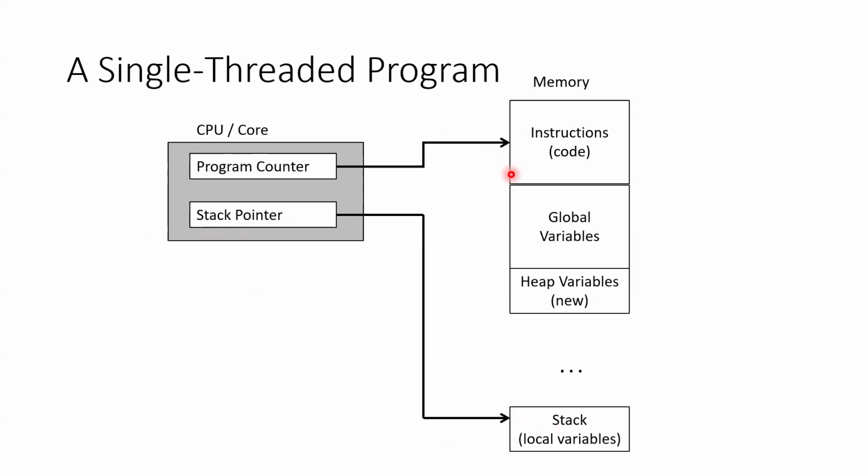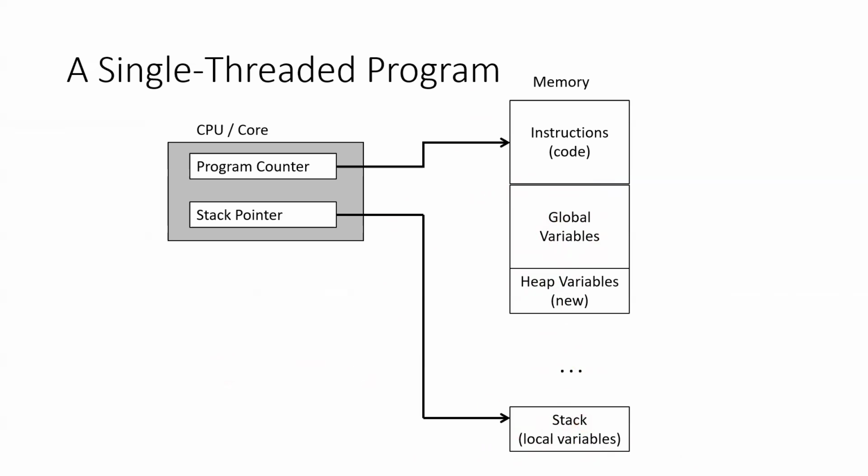Then it has the instructions or code that's translated into assembly. It has then the global variables allocated here. Then it has those heap variables that are dynamically growing downwards. At the end, it has the stack that starts at all F's and it grows upwards for local variables.